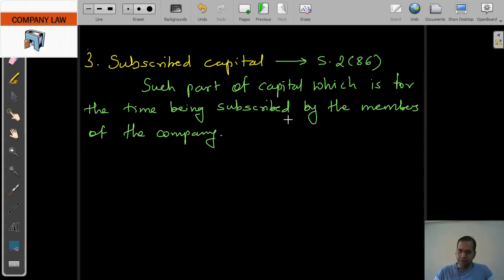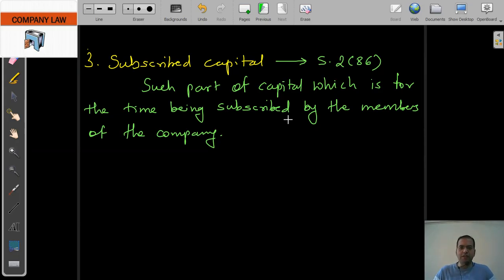So I have given you the example that a company has issued a capital of rupees 2 lakhs for the time being, and then the proposed shareholders will subscribe for that particular issued capital. So the actual subscription whatever a company has received will become my subscribed capital.